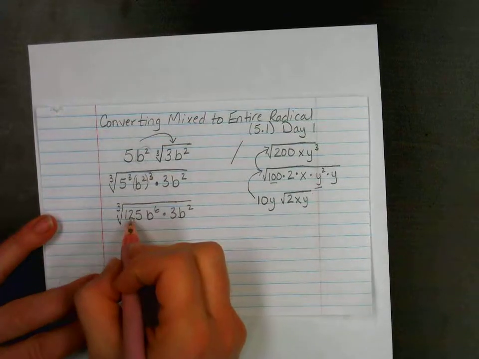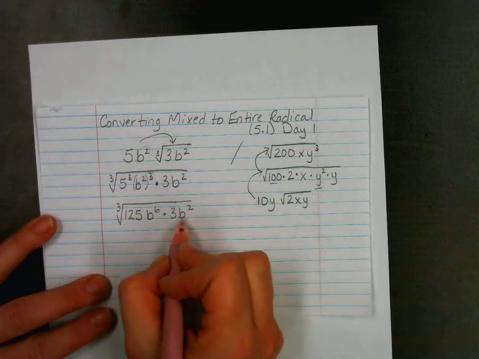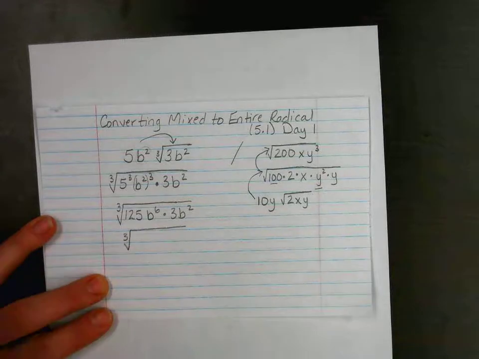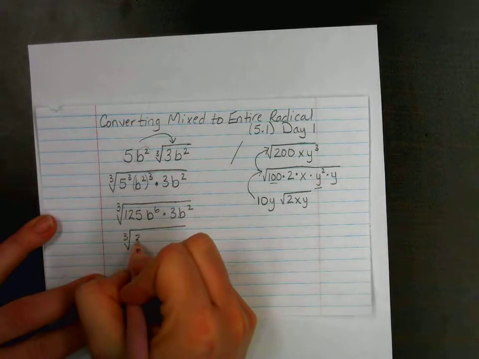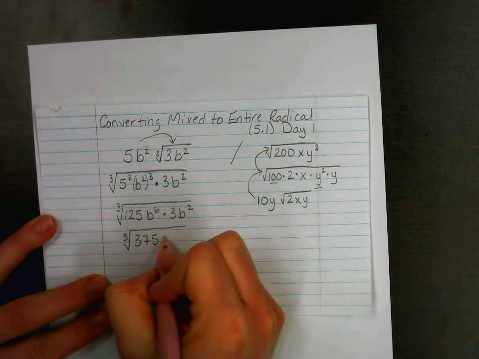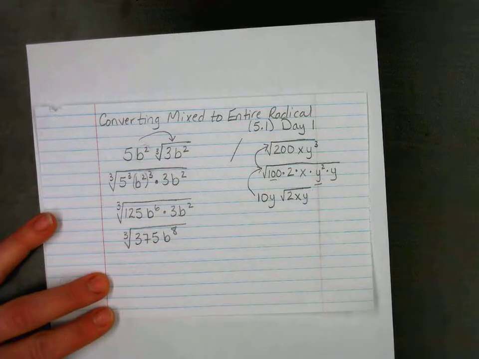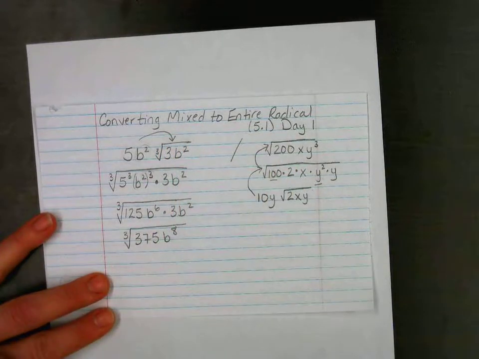So then finally, one step further, I'm now going to multiply my coefficients, and I'm going to multiply my variable exponents. So my final answer would be 375 b to the power of 8. And that is how you convert a mixed radical into an entire radical.